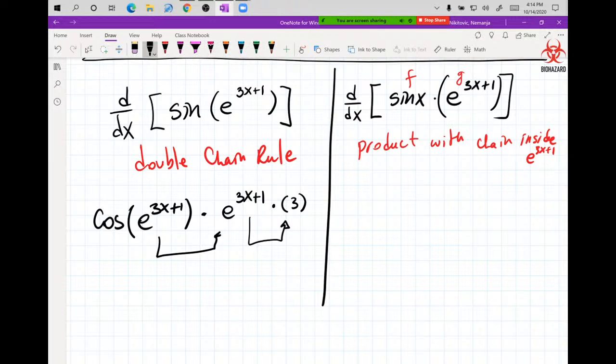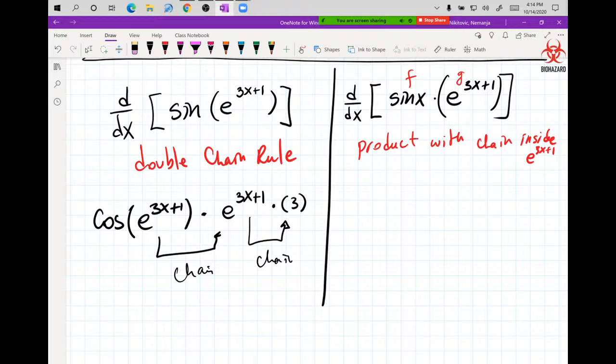So I did have 3 functions. It's a double chain, right? Because this is called a chain, and this is called a chain, and we have this original derivative for the outer function. So there are three factors in this answer, but it's a double chain because it's not sine x, it's sine of some mess, which means a chain rule, and it's not e to the x, it's a mess up there as well, so it's another chain.